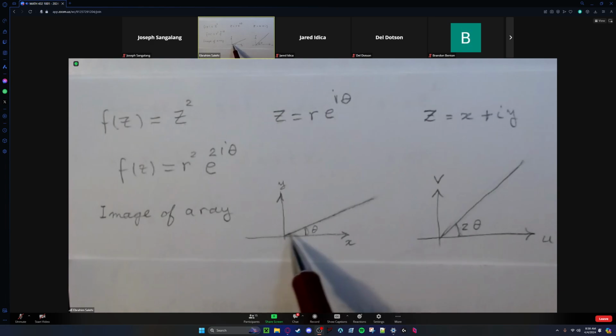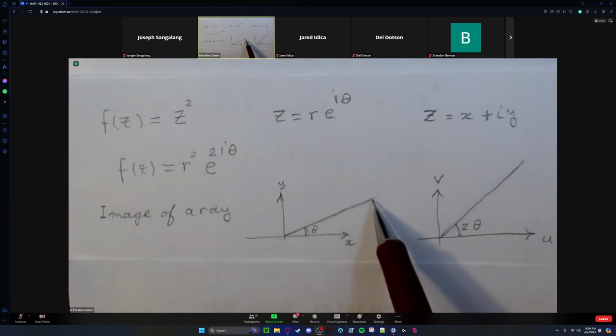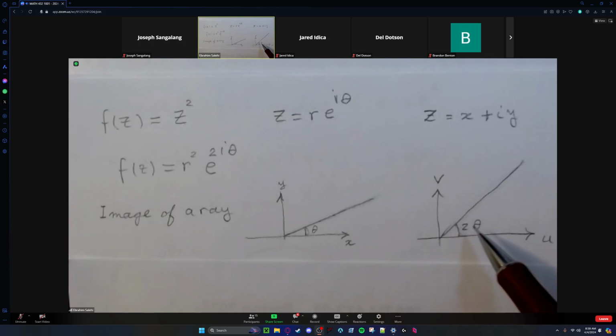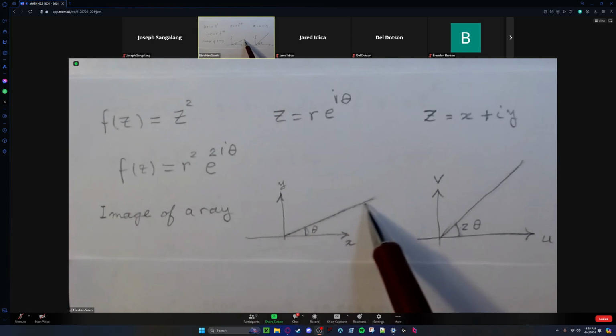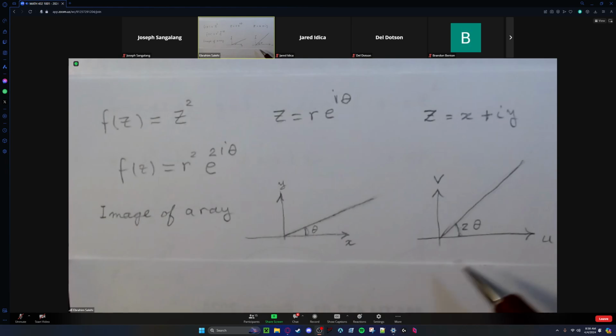If you apply Z squared, what happens to this ray? What is the image? The image will be this one in the UV plane, 2 theta. Instead of theta, it will be 2 theta. So any ray, when you apply Z squared, will be another ray, but this time the angle will be twice. So that's good information, all right? Now keep that information.